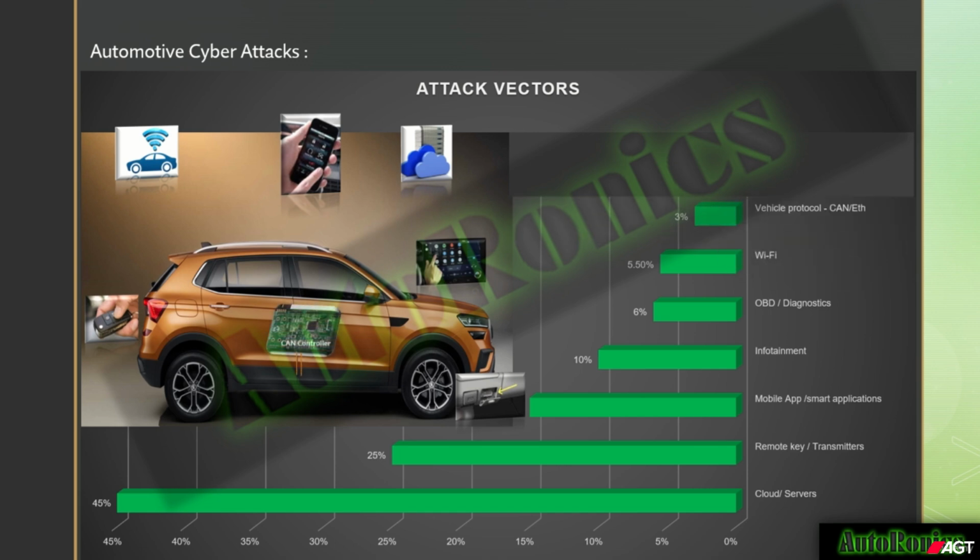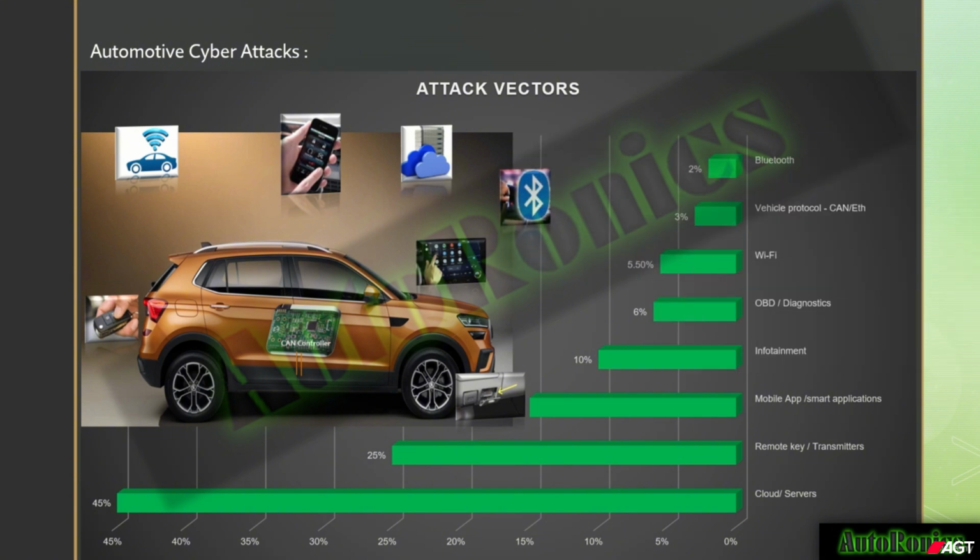Then again the vehicle protocol, CAN or Ethernet, whatever is running inside the ECUs. Basically, physical medium access is needed to control it, but it is still possible. But when it comes to percentage, it is less.